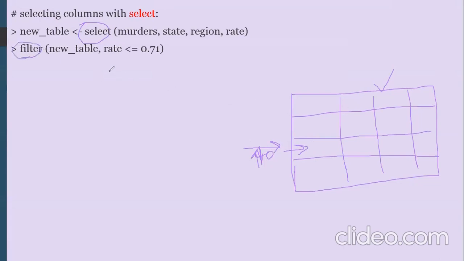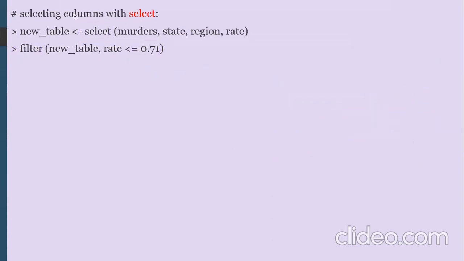First we select the column, and then we give the filter on the new table we defined, rate is equal to 0.71. Only those rows that have a value of less than 0.71 are selected. So this is how the select and filter commands can be used.